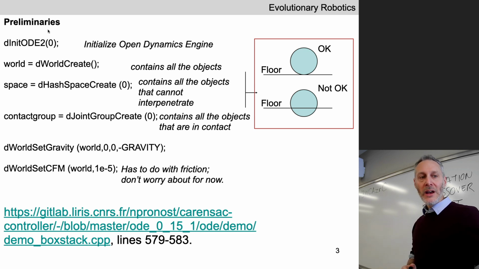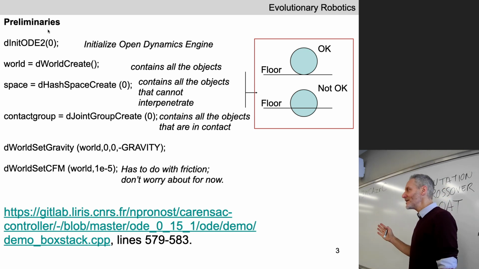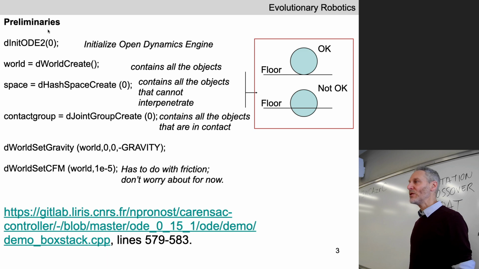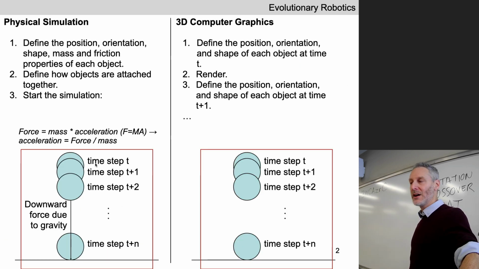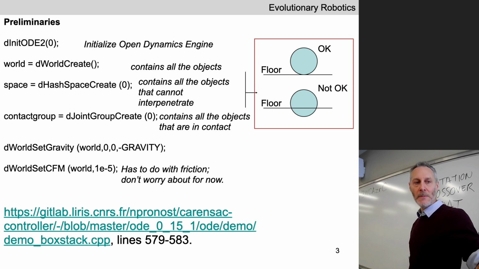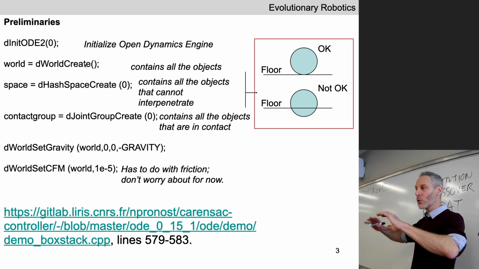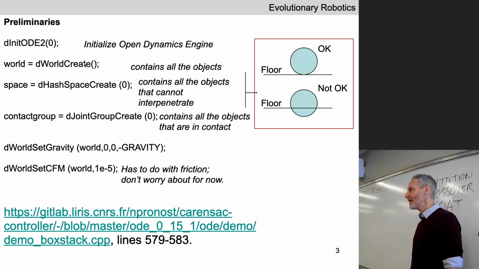Okay, so ODE, similarly to PyBullet, when things start up, you need to tell the physics engine some stuff before it even starts running your simulation. The first thing we do in ODE is create a world, and that world contains all the objects, similarly to PyBullet, in which there's something that contains all of the links that make up your robot and its environment, but that data structure is hidden from you in PyBullet.